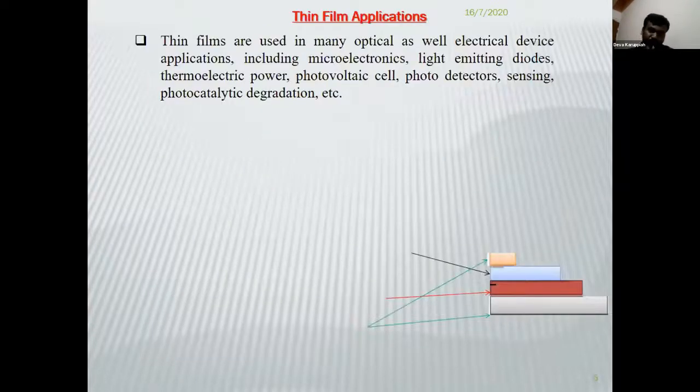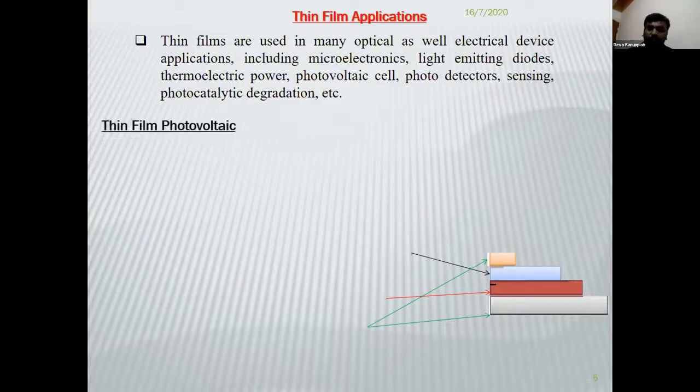Then thin film applications. Thin films are generally used in many optical and electrical device applications such as solar cells, photovoltaics, thermoelectric devices for energy harvesting, many sensors like gas sensors, photodetectors, and photocatalytic degradation, and so on.